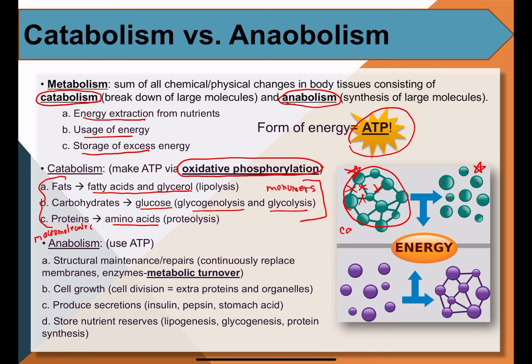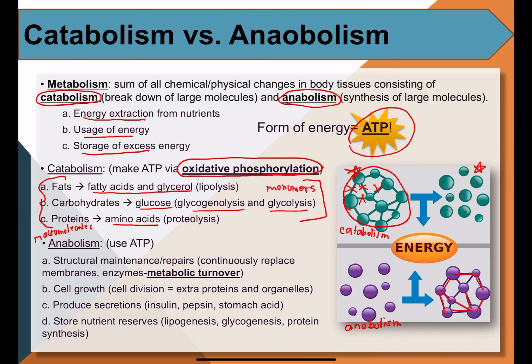So this is catabolism. Whereas here, you're building from individual little molecules and then connecting them with bonds. You are producing or making bonds. Hence, this is anabolism, making of larger molecules.